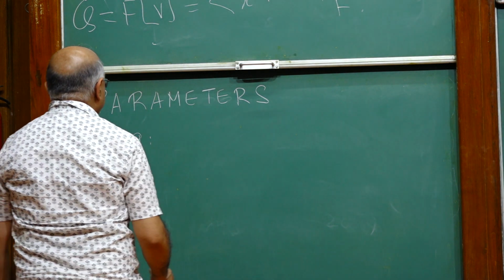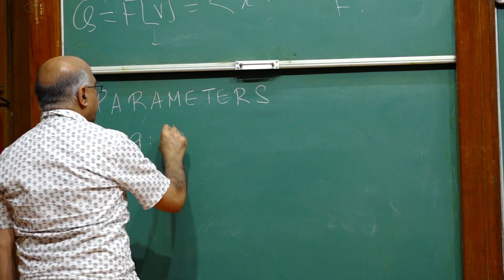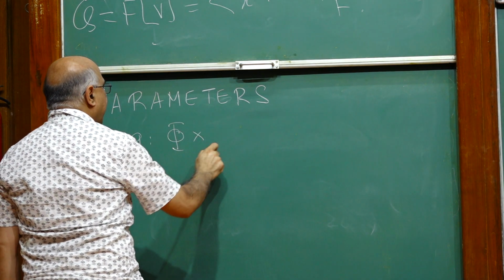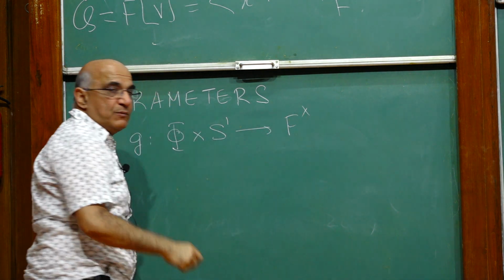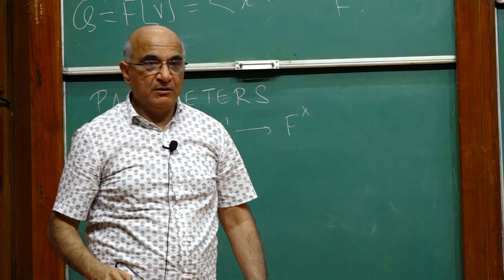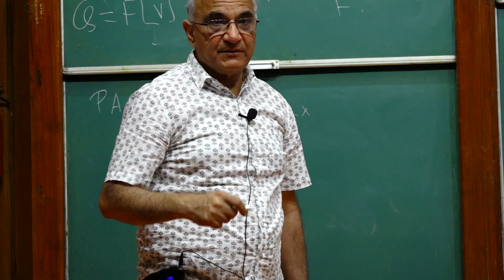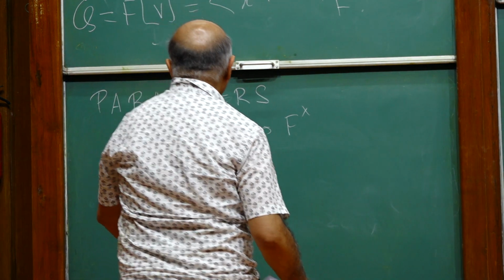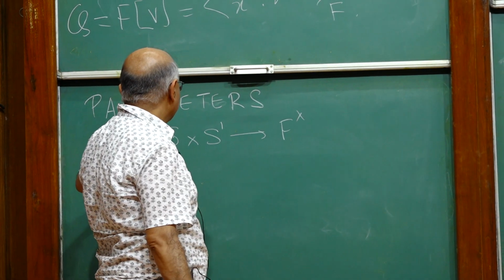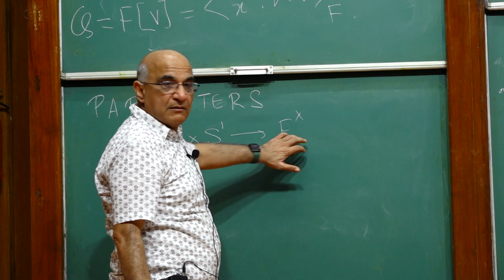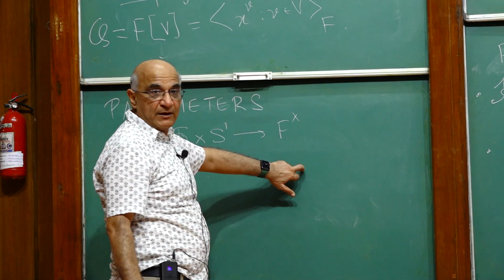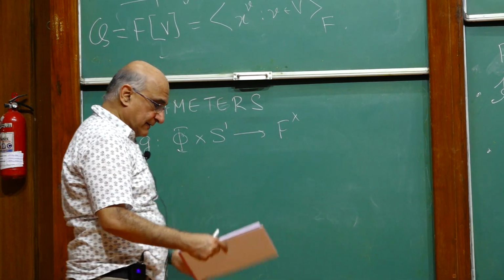The parameters are a function g from phi times S1 to F cross, where S1 is just the circle. Previously the parameters were a function from phi to F cross. Now it's phi times S1 to F cross.